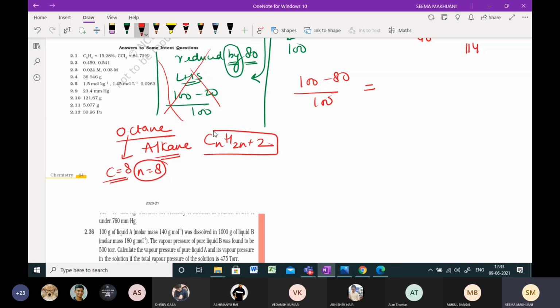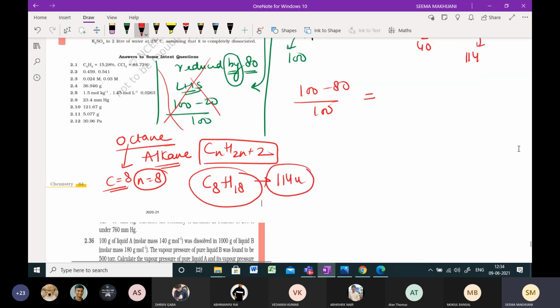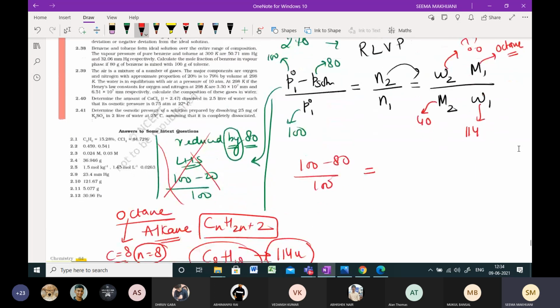So the formula of octane becomes C8H16 plus 2, that is C8H18. Now you are in a position to calculate the molecular mass of octane. You would be surprised that the molecular mass of octane also comes out to be 114 u. You can try it yourself. That is perhaps given to ease the calculation.